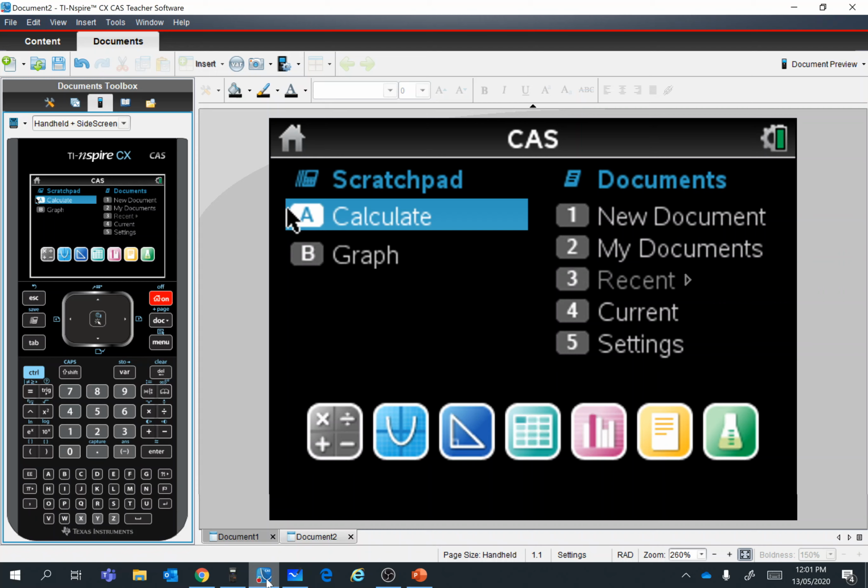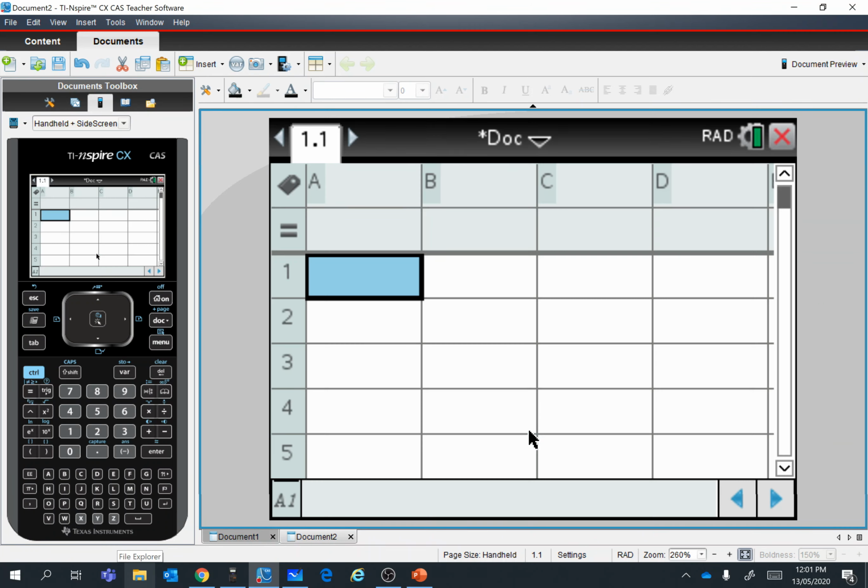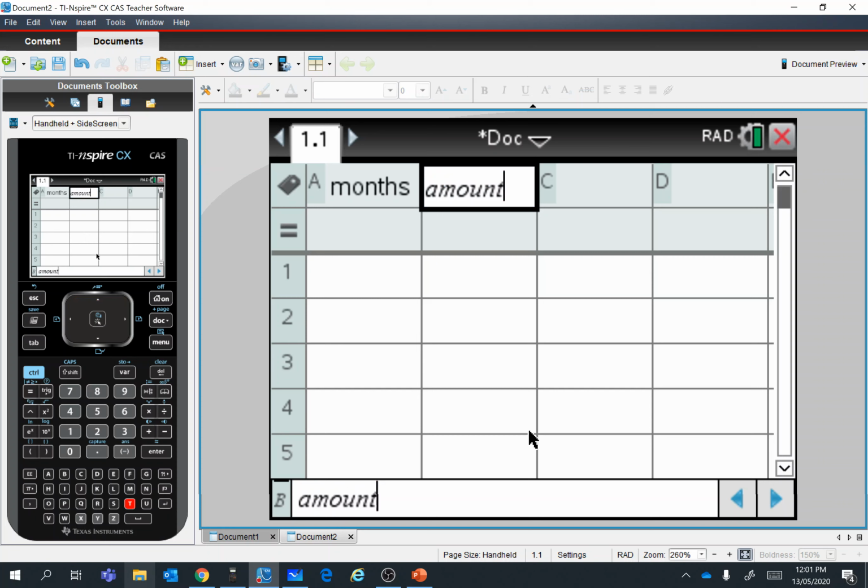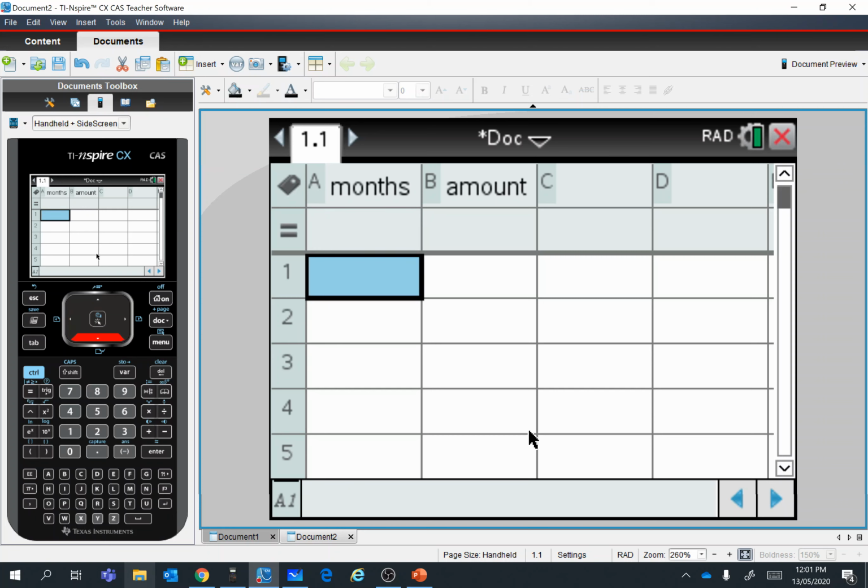So this one here, go into a green button for a spreadsheet. Okay, I'm going to put the months up the top here. We don't have to put the whole word months. Anything that you can remember would do. Amount in that one. So at 0 months, we have $12,000 on the loan.